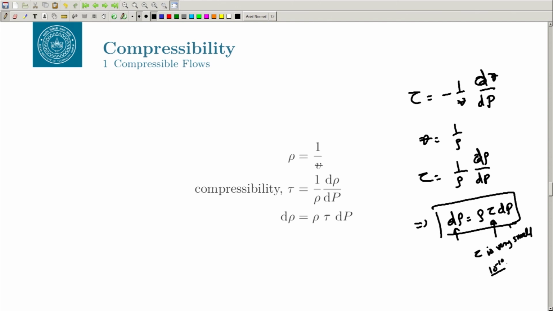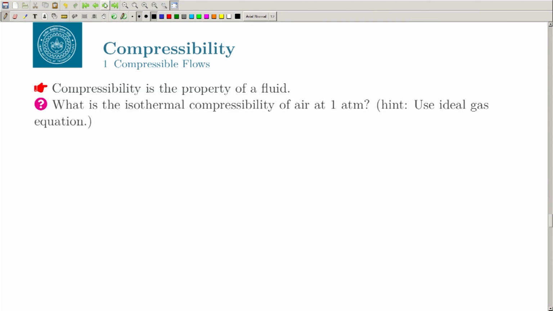So, when you apply very high pressure, the change in density may be very small, and if the change in density is less than 5%, then we consider that to be an incompressible fluid. If the change in density is greater than 5%, then only we need to treat it as a compressible fluid. So, tau is a very important factor, because that determines how much the density will change due to the application of pressure. So, compressibility is the property of the fluid.